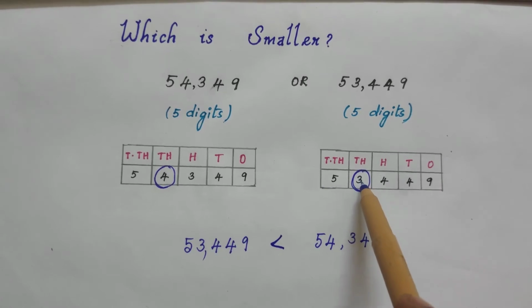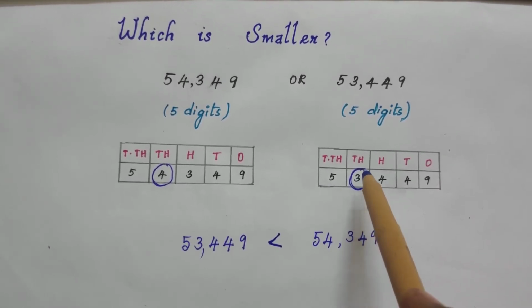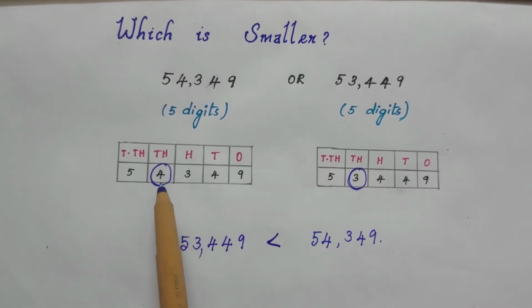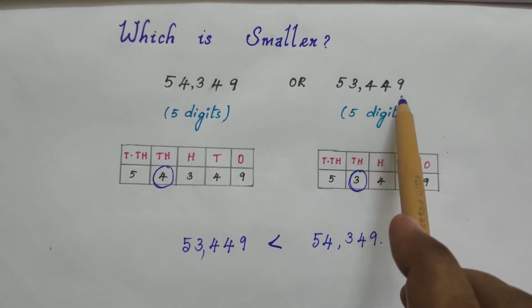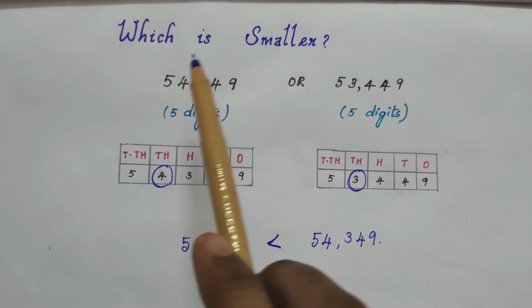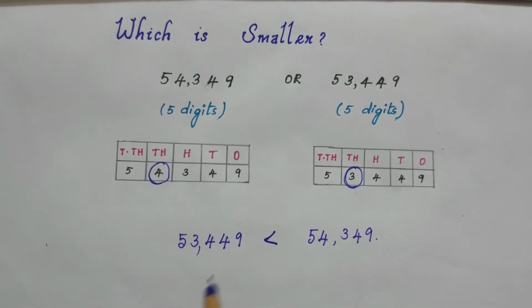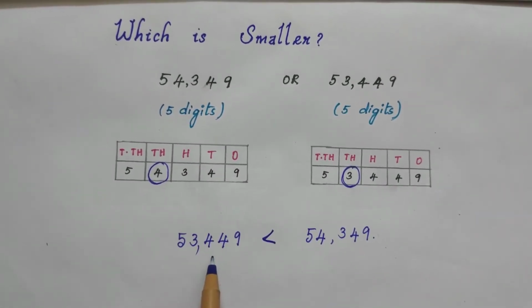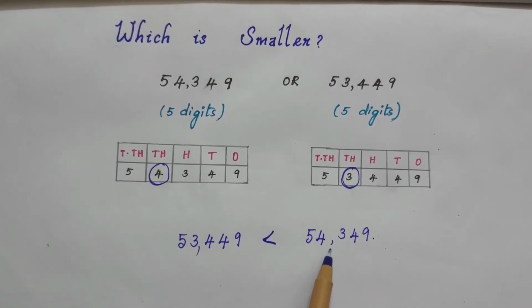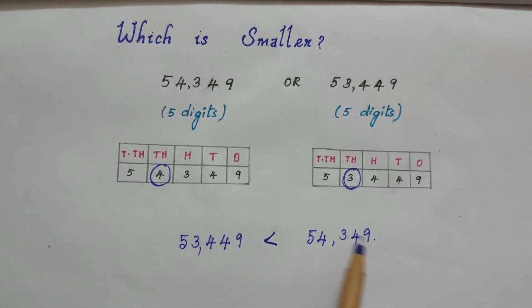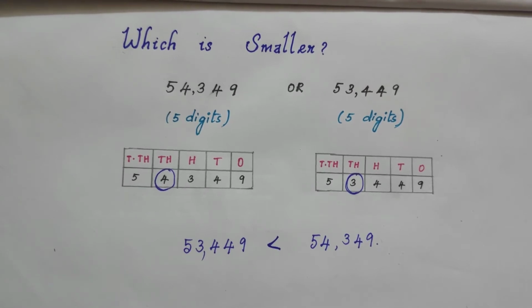So 3 is smaller than 4. Hence 53,449 is smaller than 54,349. So by using place value, we can also find the smaller number.